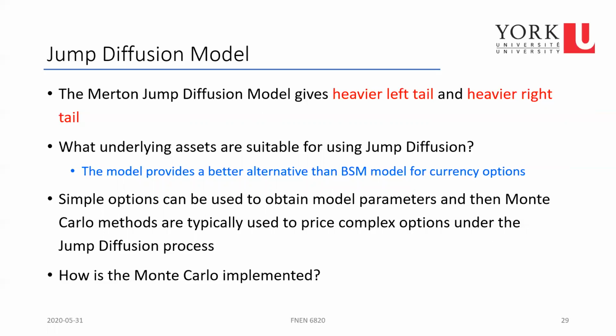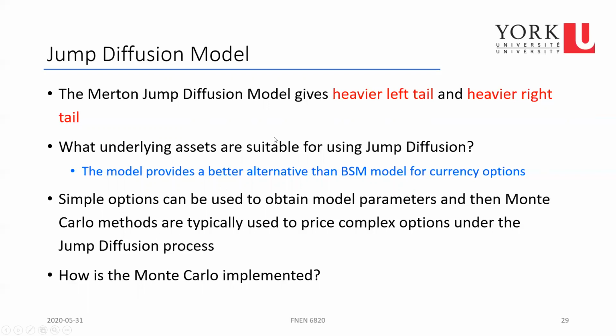The prices of simple options you observe in the market will then be used along with this quasi closed form solution to calculate the implied parameters, such as lambda and k. And then once you have that, you can use those parameters as given to calculate complex options using numerical routines.